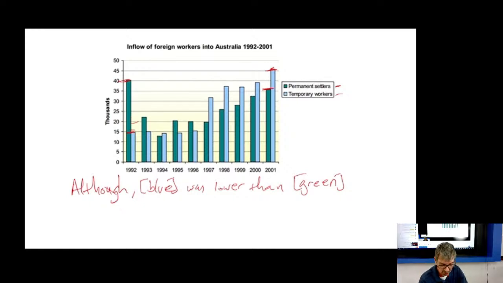Green is the number of permanent workers. And then what are we talking about? So generally we're talking about at the beginning of the period that this graph shows. So although blue was lower than green at the beginning, they, not it, so we're talking about numbers, they were significantly higher.